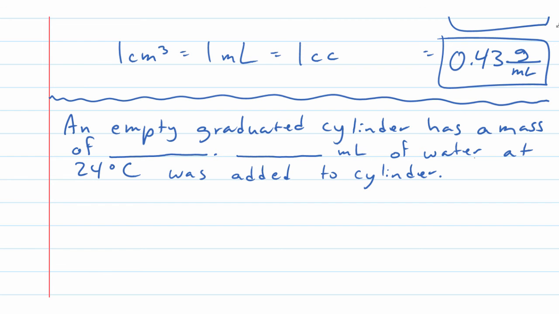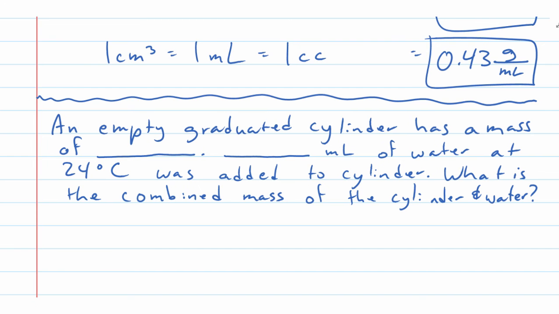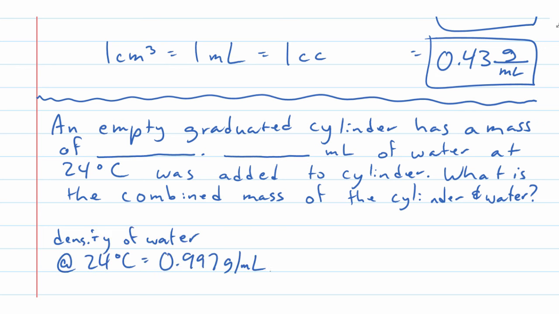And then the question is, what is the combined mass of the cylinder and water? With the temperature 24 degrees Celsius, one of the things we need to know is that the density of water at 24 degrees Celsius is equal to 0.997 grams per milliliter.